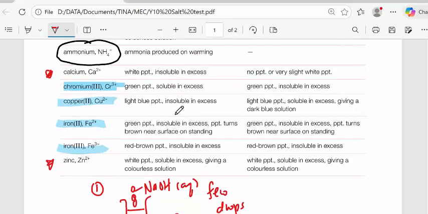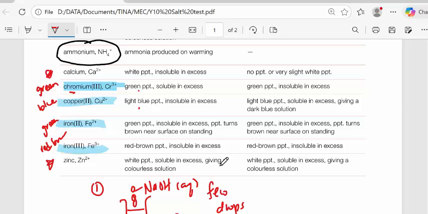Then green precipitate, light green precipitate, red brown precipitate. These are all the colors that you see, all insoluble in excess, except for this one. Only chromium is soluble. So this one is green, this one is blue, this one is green, this one is red brown.